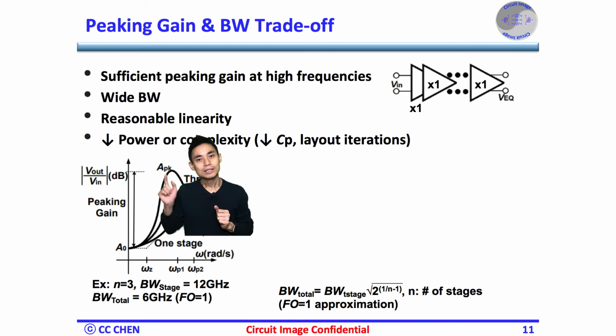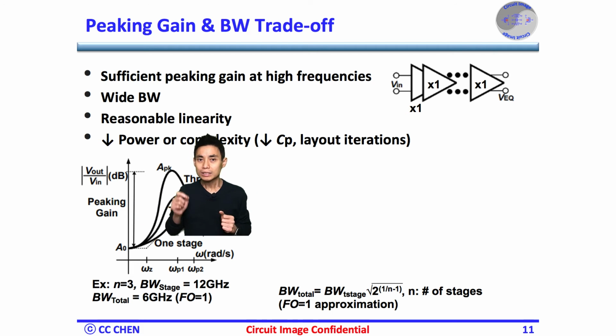Of course, the maximum peaking gain between the DC gain and the gain at the Nyquist rate is limited to 15 dB to 20 dB over PVT. But that's good enough and probably more than what we need. Unfortunately, if we shift the design target to 25 gigabit per second or 32 gigabit per second, the total bandwidth is not wide enough.